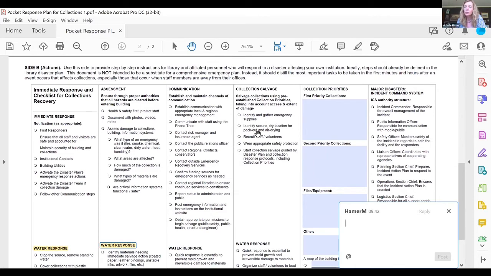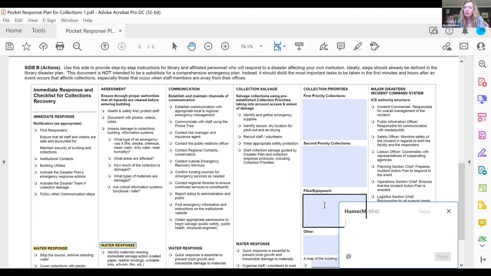Okay, thank you. All right, so your collection salvage, you've got to think through carefully, and then here are your collection priorities. What is your first priority collection? What is the most critical thing for you to rescue? Your second priority, so once we've rescued that, what's the next one?